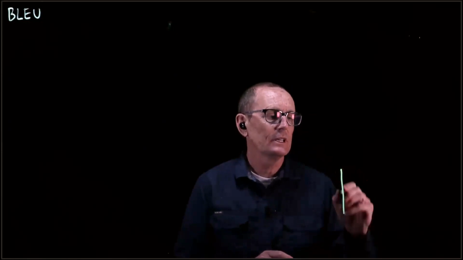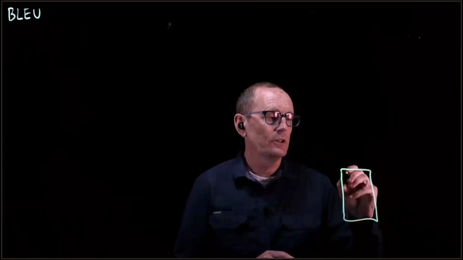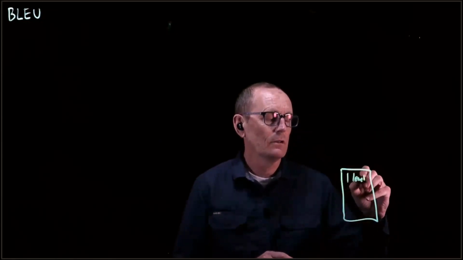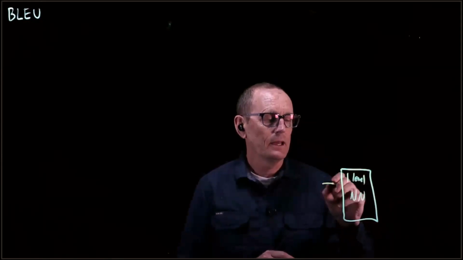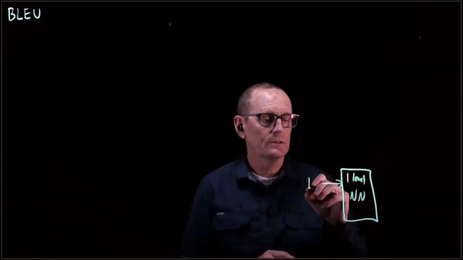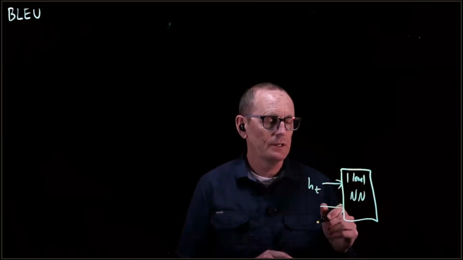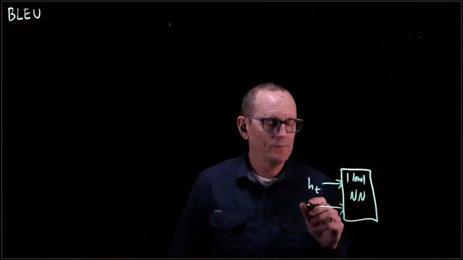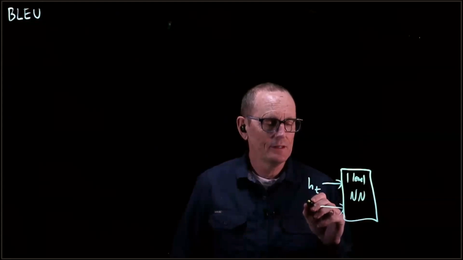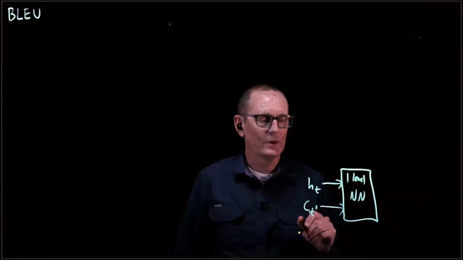Yeah, so what we take in is this one level neural network, and we take in some H, and we take in then I think it was C sub T, T prime, I think, right?